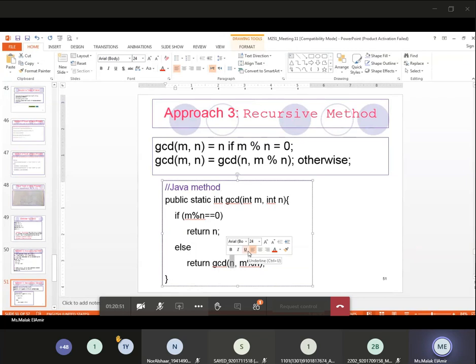Yes, Miss. Thank you. Most welcome. So where is the base case here? The base case here, yes Ms Malak, is if M modulo N is equal to 0, in this case I'm going to stop and return N. Okay?